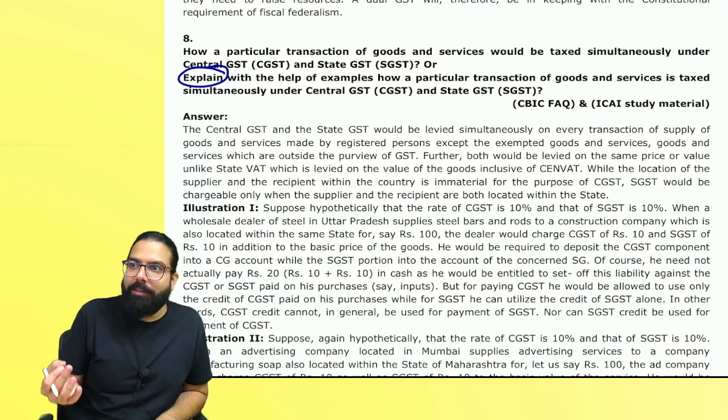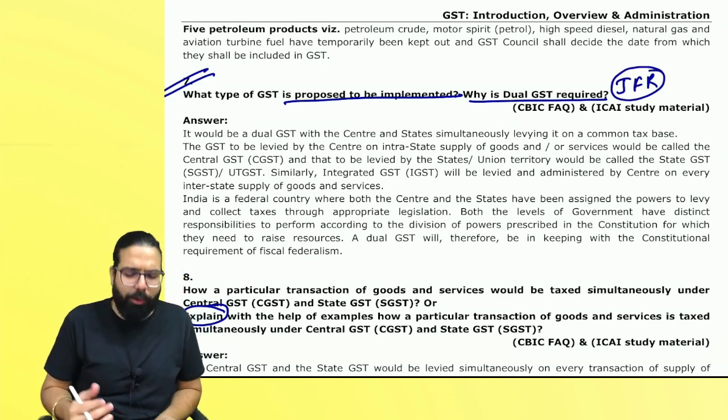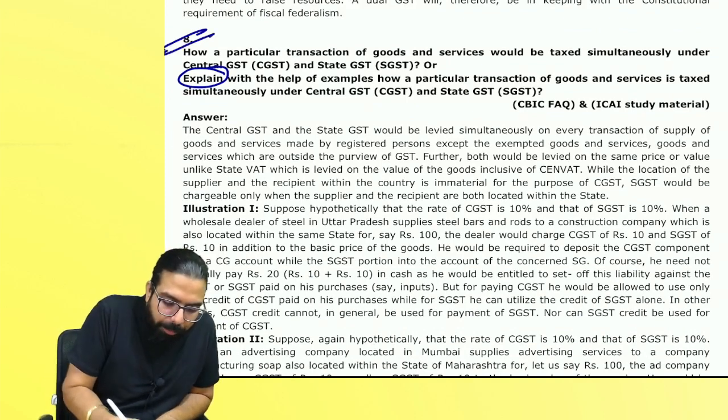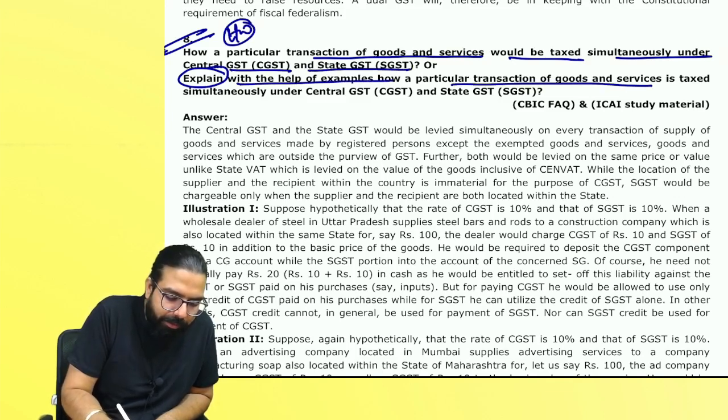These are just for reading question answers. You can read it once. Not practice, not required. How a particular transaction of goods and service would be taxed simultaneously under the CGST and SGST, explain with the help of example. Baba, this is your homework. Just for reading, you can read it once.